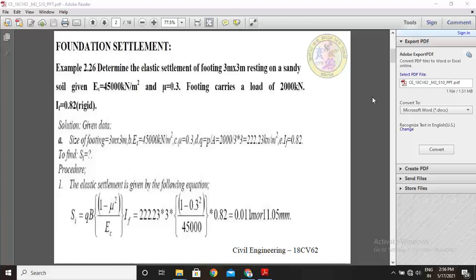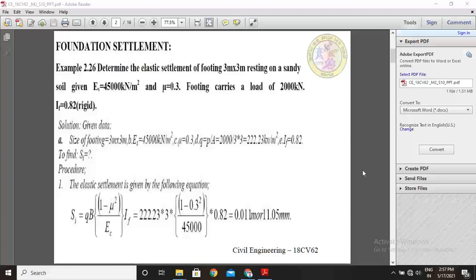Then you convert surcharge load Q equal to load by area, that is P by A. Load is 2000, area is 3 into 3, so that is 222.23 kilonewton per meter square. And IF equal to 0.82. To find immediate settlement, SI equal to how much? So these are the given data. Now start the procedure.